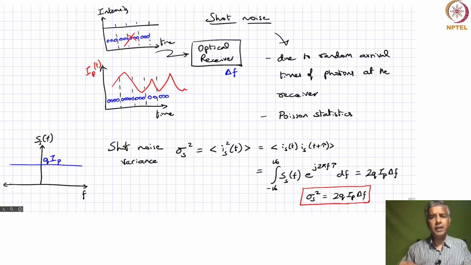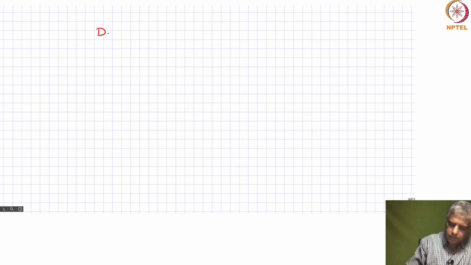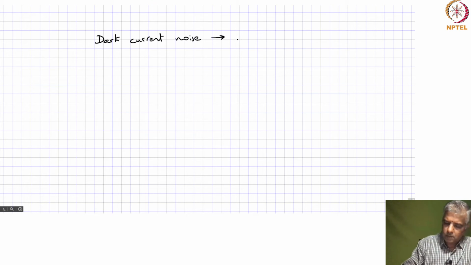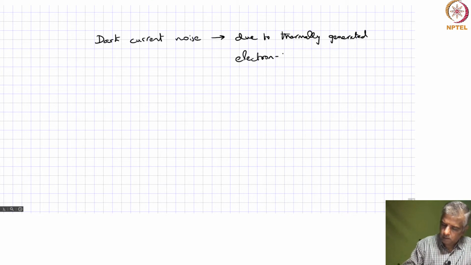So even when there is no light falling on the photodiode, just because of thermal excitation, you could have electron hole pairs, and you could have a certain photocurrent because of that, and that is what we call dark current noise, which is due to thermally generated electron hole pairs.